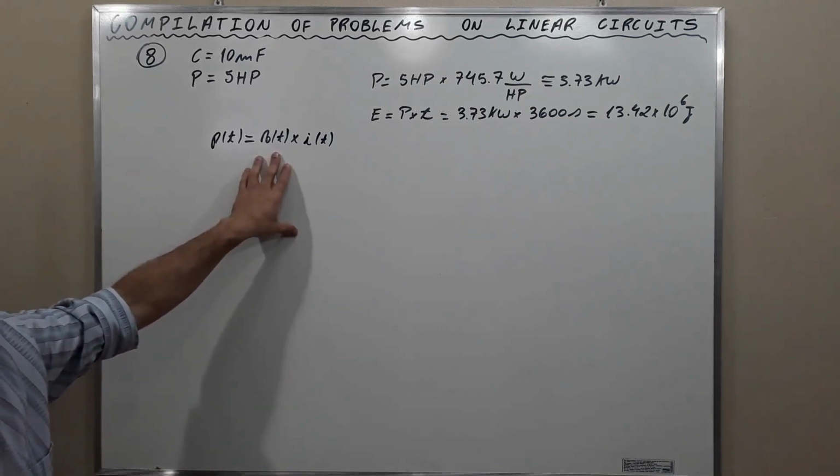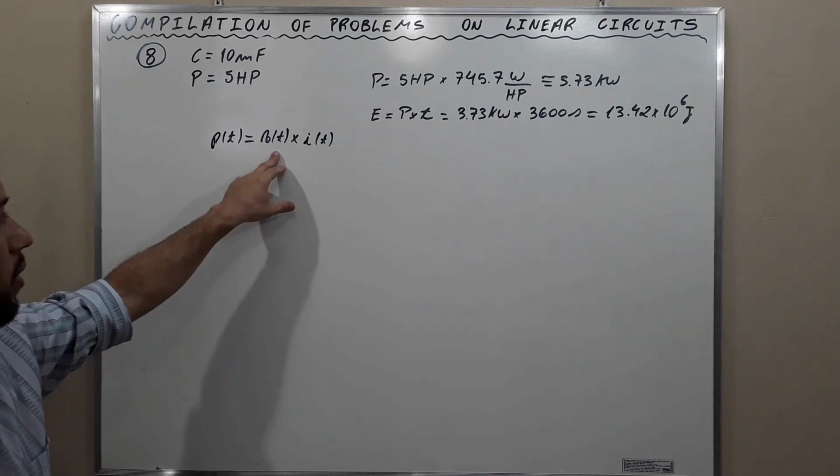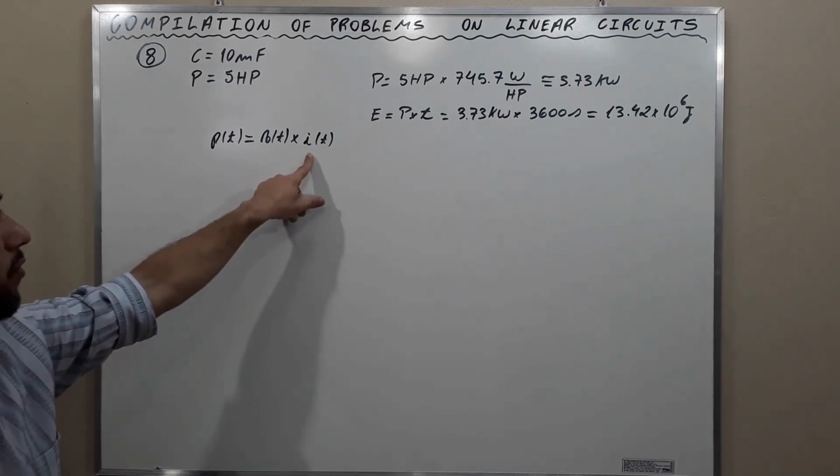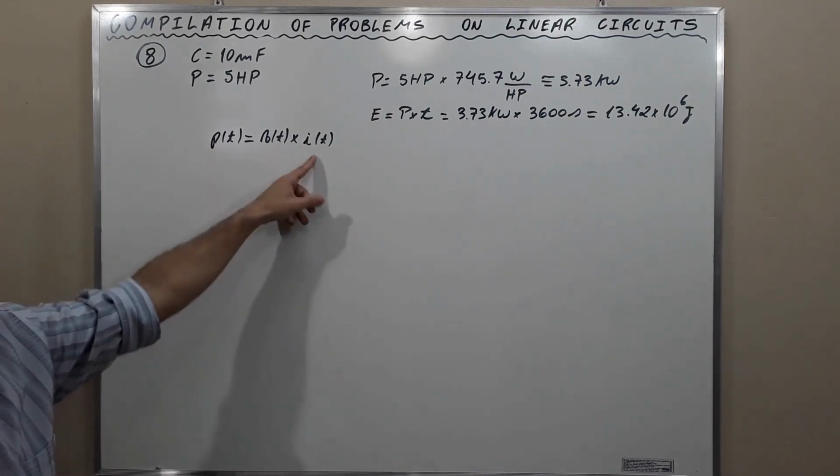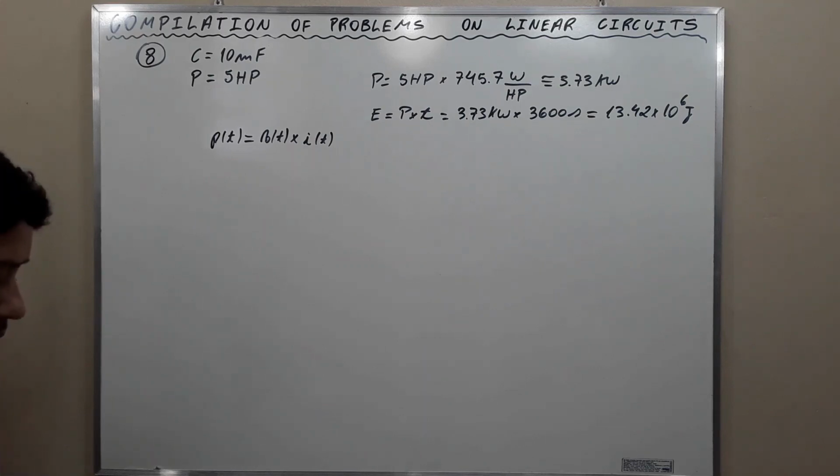For a single phase element, V times I is equal to P. Okay? In the capacitor, current flow is proportional to the derivative of the voltage.